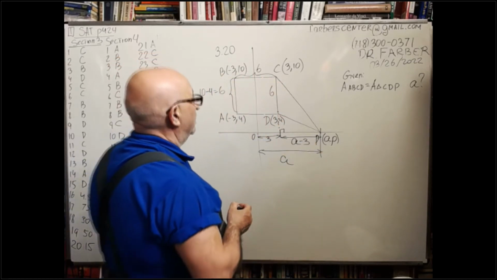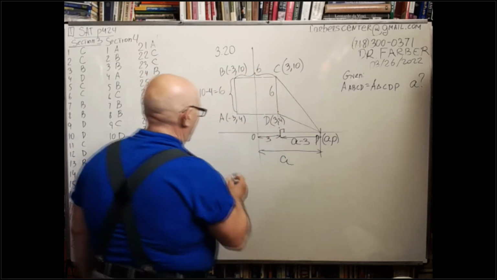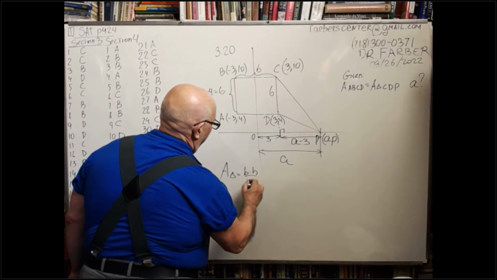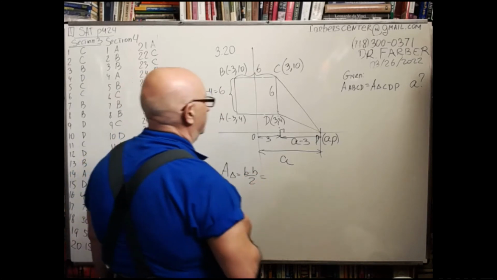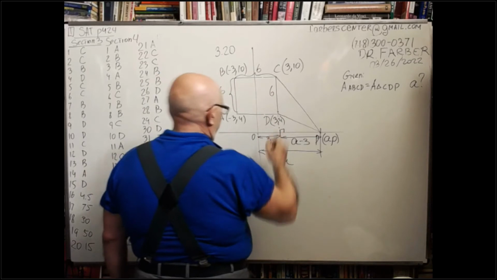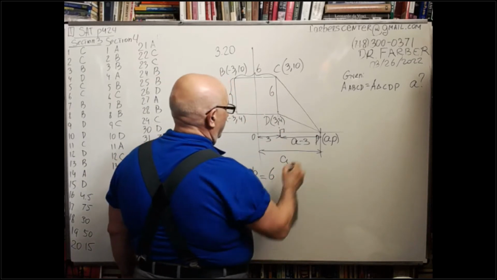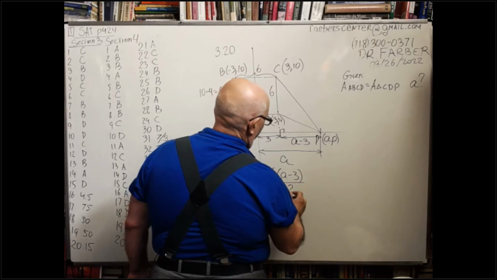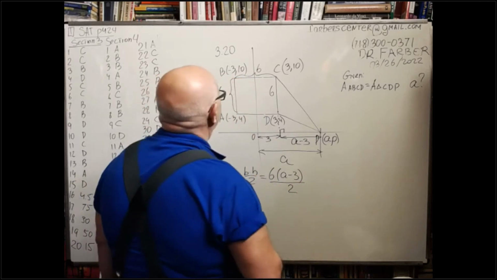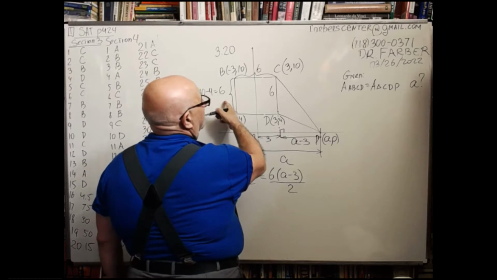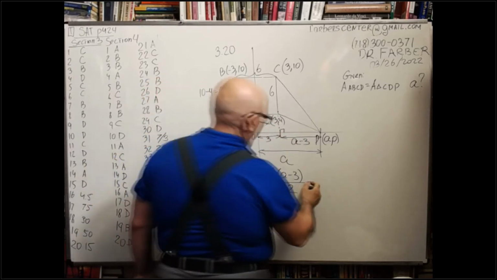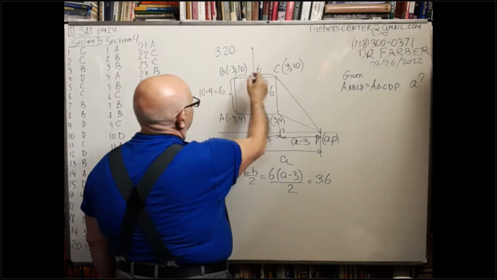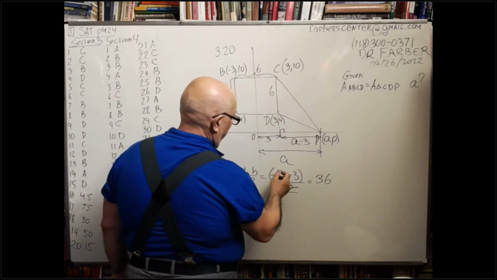Now you can write the area of the triangle: base times height divided by 2 equals... Base is 6, height is A minus 3, divided by 2, equals the area of the rectangle, they said, equals 36. 6 divided by 2 cancels out, this is 3.